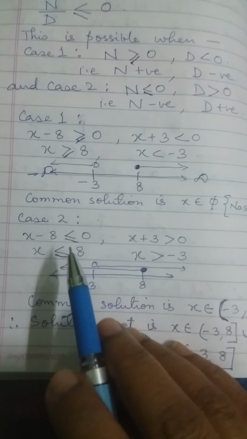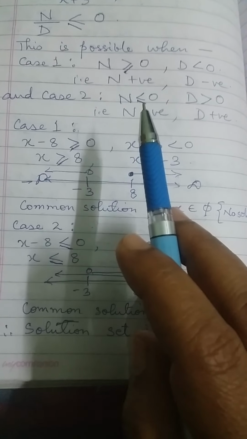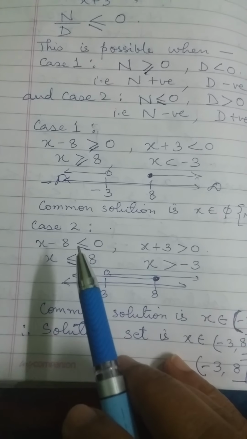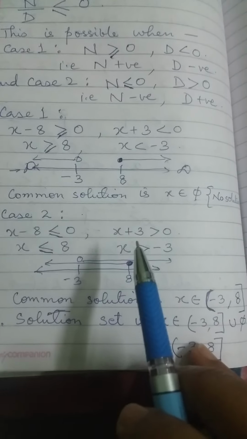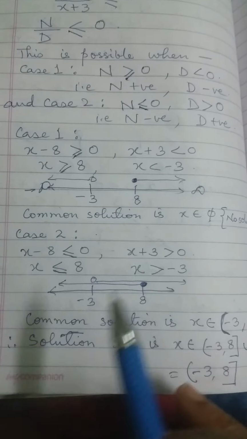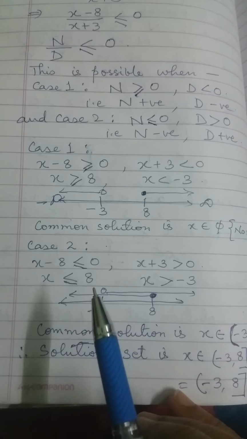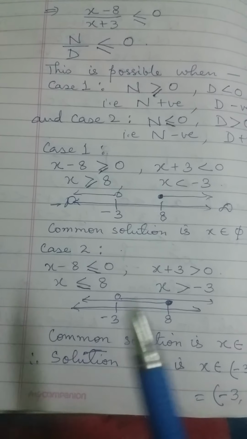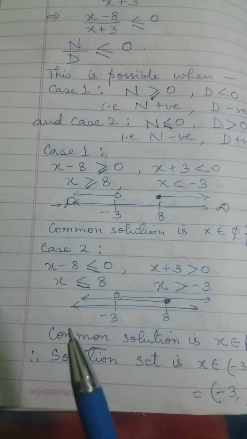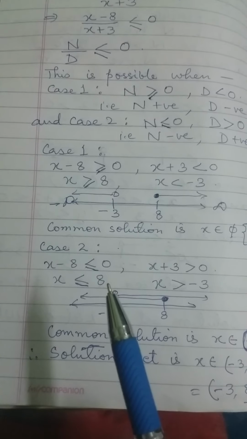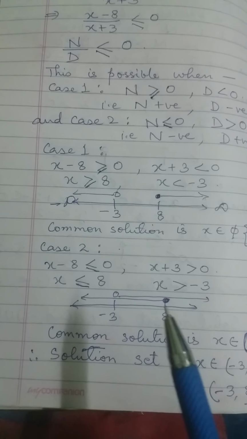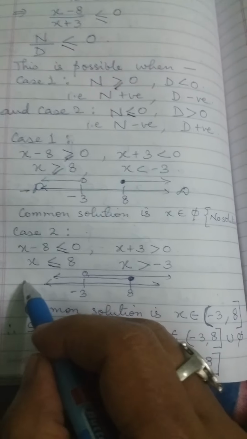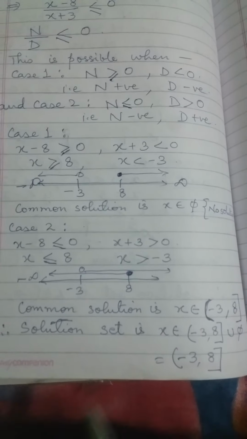Now case 2. Case 2 is if numerator is less than equal to 0, denominator is greater than 0. So we are taking numerator less than equal to 0, denominator greater than 0. So what we notice is that x is less than equal to 8 and x is greater than minus 3. So here we will again locate on the number line the type of solution. x less than equal to 8 means at 8 a filled circle and then stretch towards minus infinity.